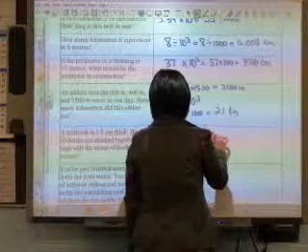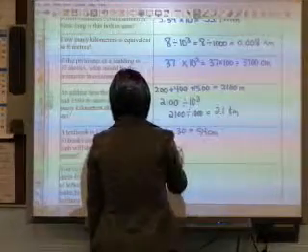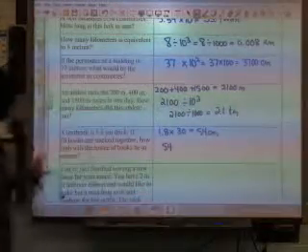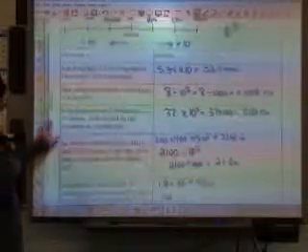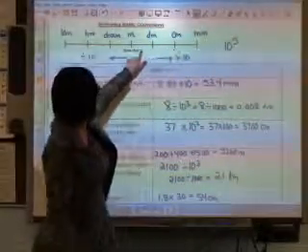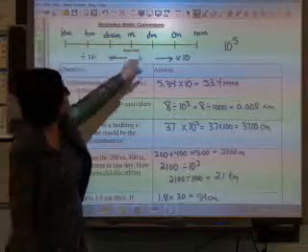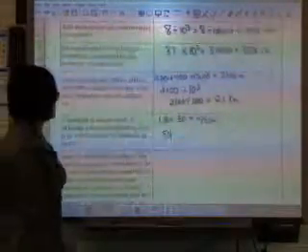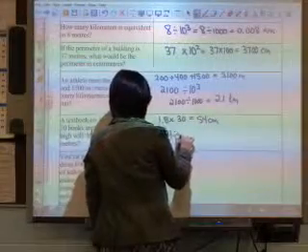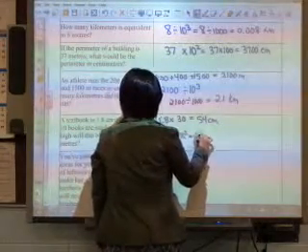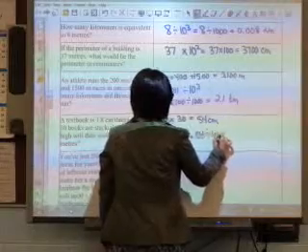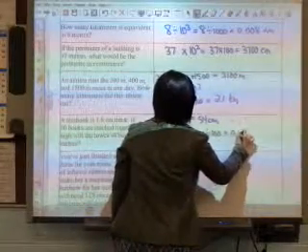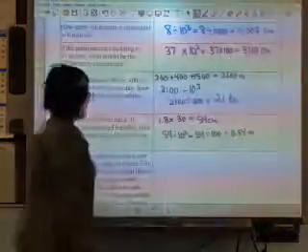So I'm going to start off with 54. And then I want to convert that into meters. So if I'm going in this direction, I'm dividing, and I'm dividing by 2 powers of 10. So dividing by 10 squared, which is 100. So I get 0.54 meters.